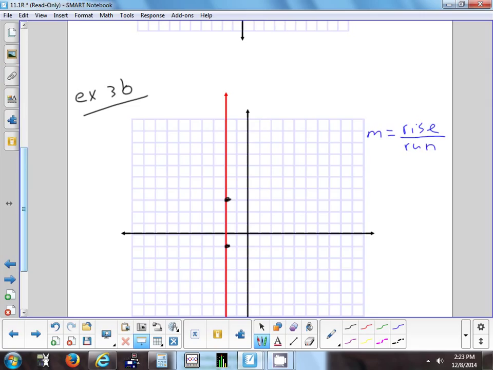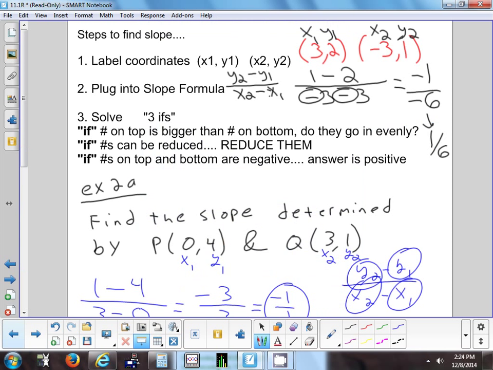Now, how come I'm not using the y2, y1, x2, x1? Because there's no point needed for it. You don't need it. You've got a picture. If you've got a picture, you can just count. You don't need to do the formula. You only need the formula with the graph when it's like that.